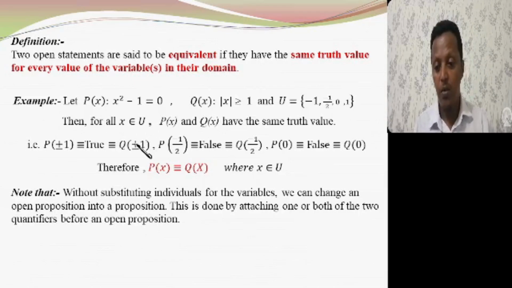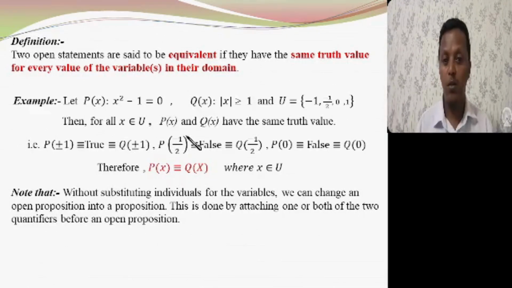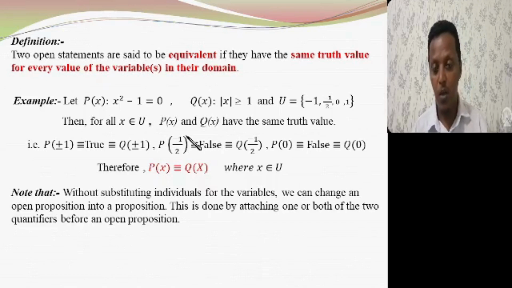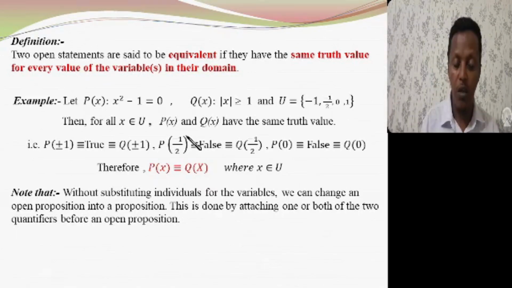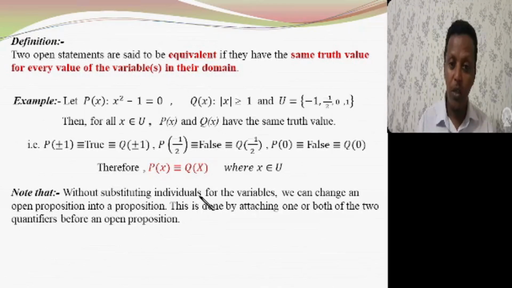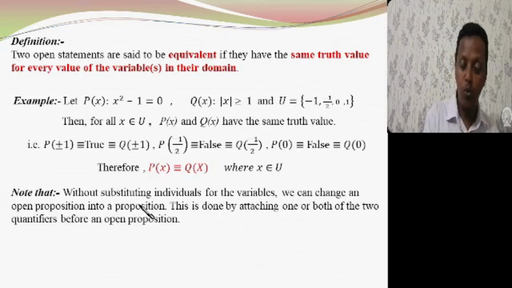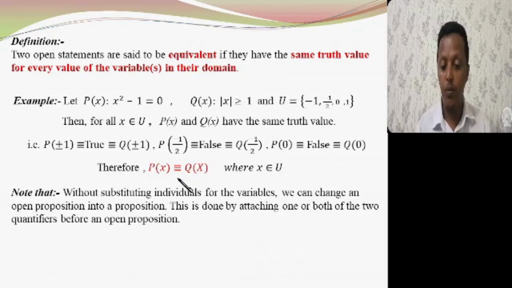Now the other method is by attaching quantifiers. We have two important quantifiers in mathematical logic, the existential quantifier and the universal quantifier. So without substituting individuals for the variables, by attaching an existential or universal quantifier to an open statement, you can convert the open statement into a true or a false statement.